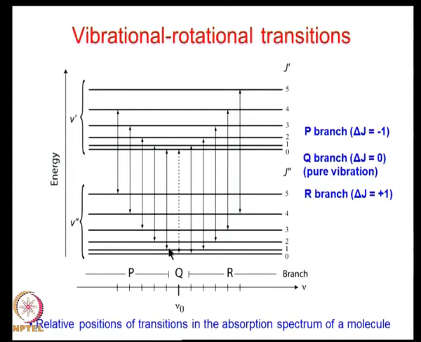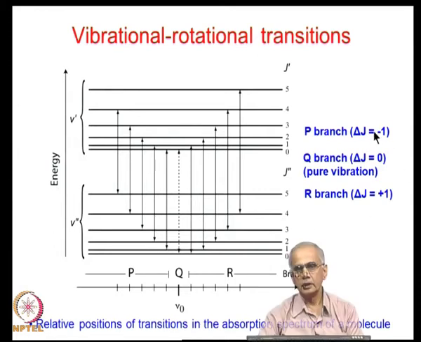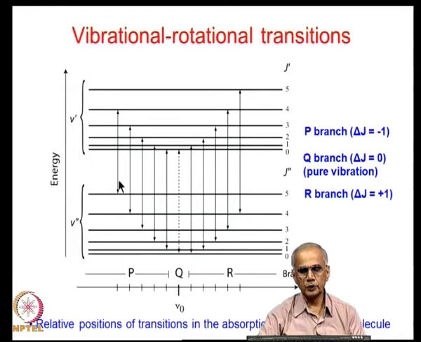On the other hand, if the rotational change is negative, that is, the molecule goes from a higher rotational state to a lower rotation state, then the frequency required is a little less. And so, all these are various transitions possible around a vibrational transition. Each one of these will be a line of a different frequency.